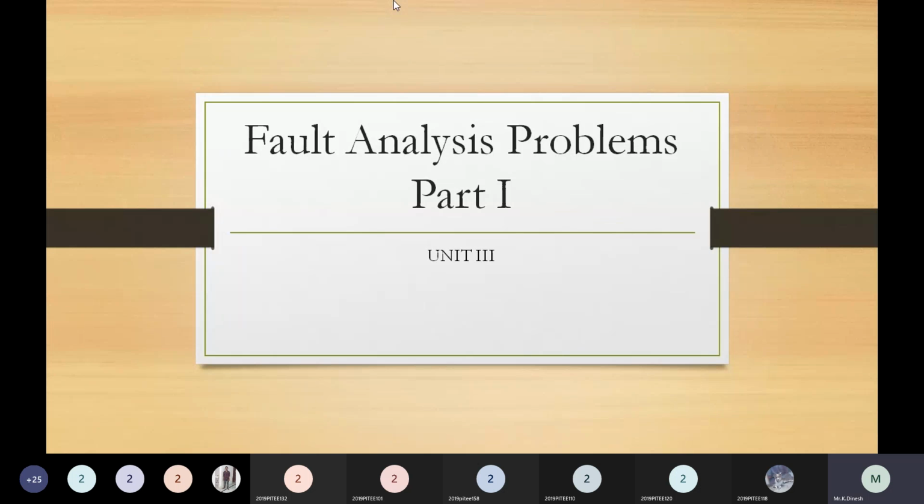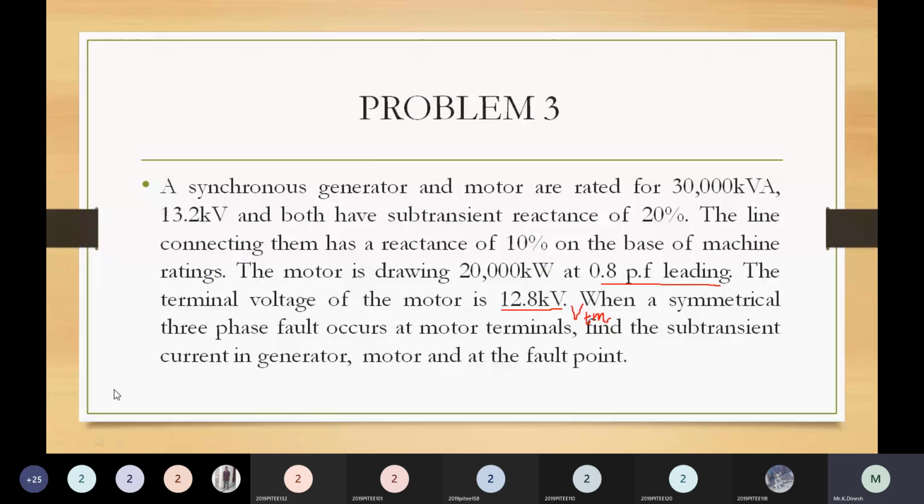So this is the question we have. A synchronous generator and motor are rated for 30,000 kVA, 13.2 kV, and both have a subtransient reactance of 20%. So you have only the generator and the motor. The line connecting generator and motor has a reactance of 10% on the base of machine ratings.